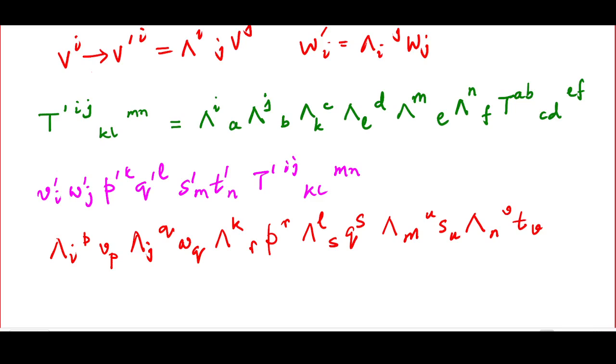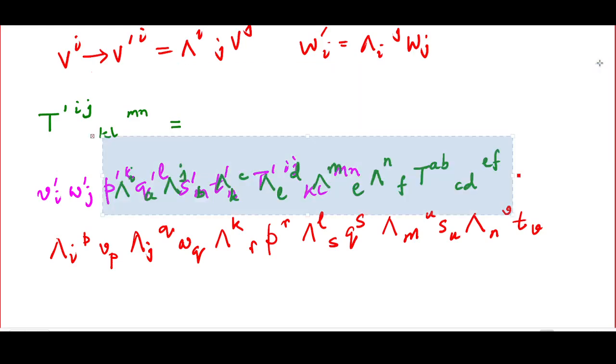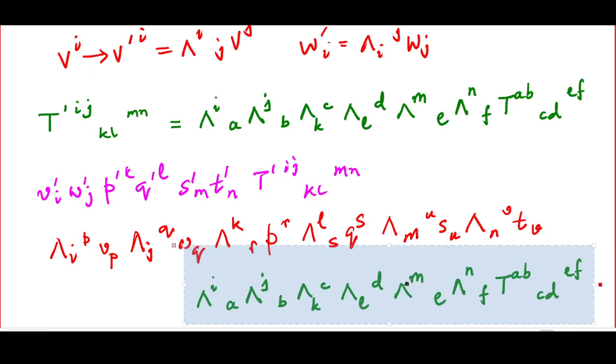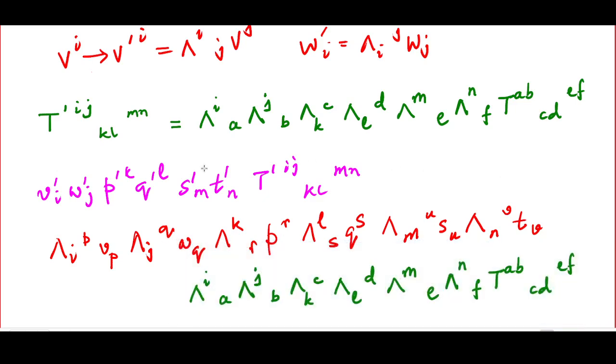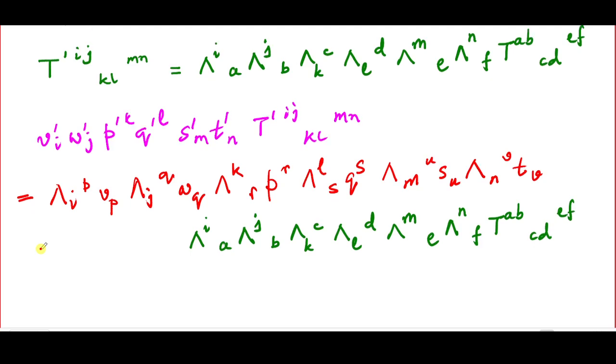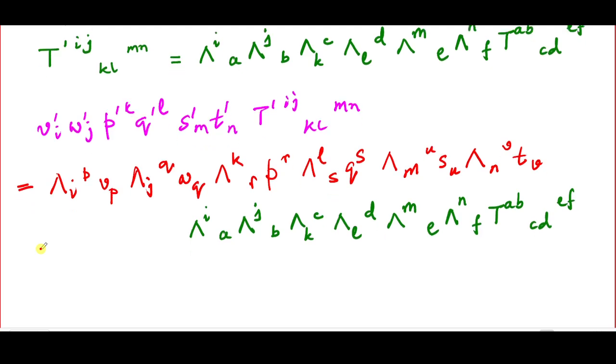times this thing, which is nothing but this whole expression. So let me just put that in along with it. So this is what the transformed value is. Is it the same as the original value? Now how do I check? Now notice you have lambda IP, lambda IA.